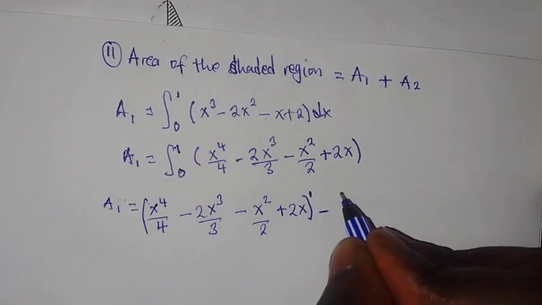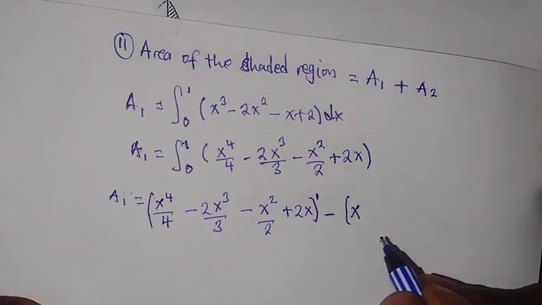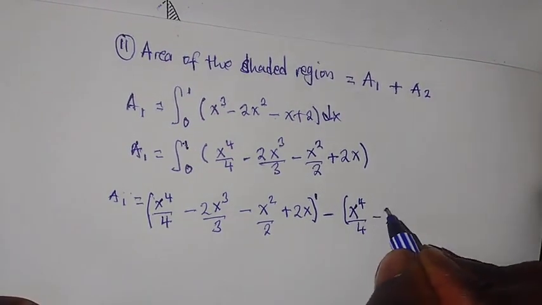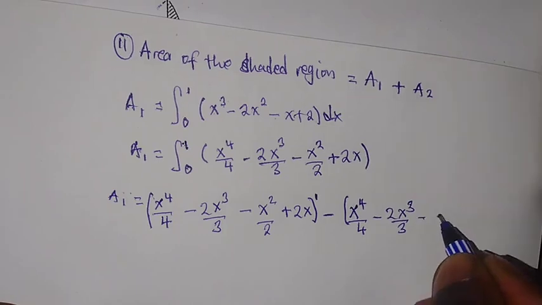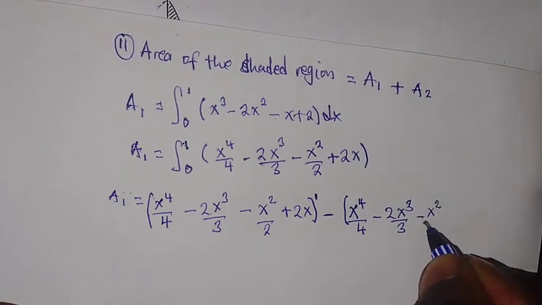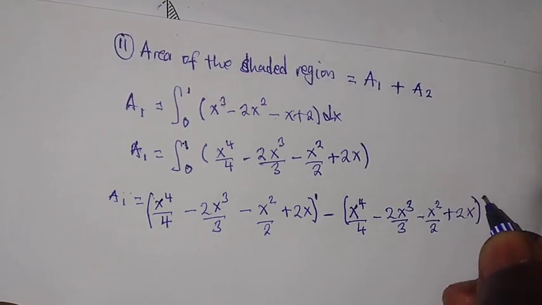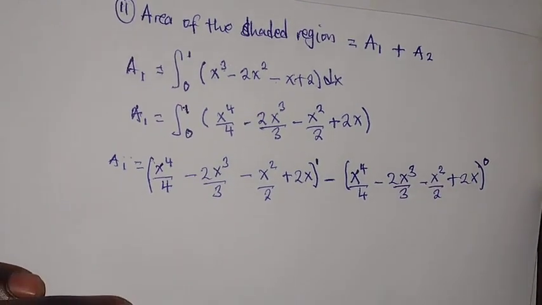Then we say minus, again the same function, which is x power 4 over 4 minus 2x power 3 over 3 minus x power 2 over 2 plus 2x. So this one is going to go with the 0, this limit right here. So we can now just substitute.